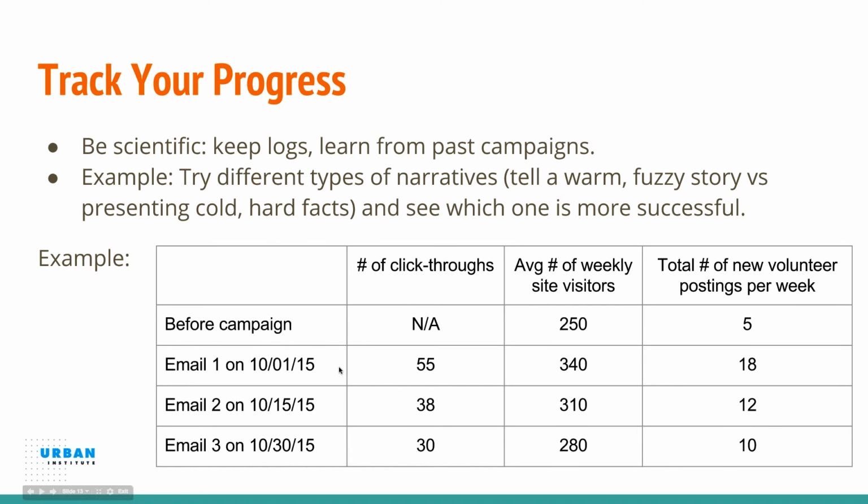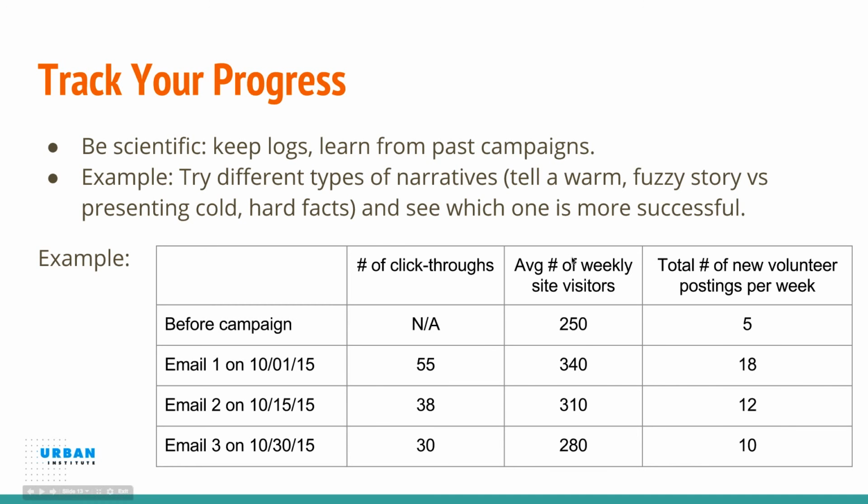So the last step is, after you've put your strategy or a specific plan in place, you track your progress. And I don't think that you can be too scientific about it, if that's the right word to use. I just gave some example numbers here that I made up, and that would be according to the goals and the strategy that I outlined on the last couple slides.